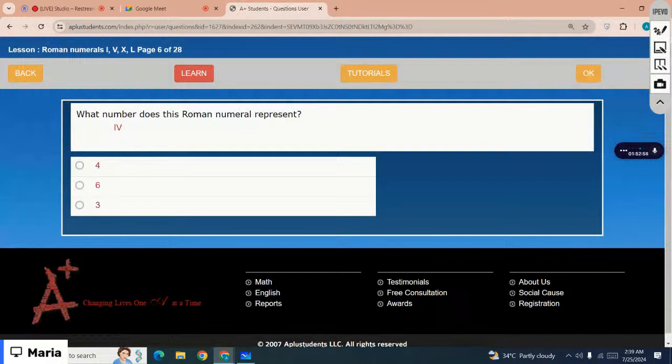What number does this Roman numeral represent? Which is the correct option? Yes, option number 1 is the correct option. 4 it is.